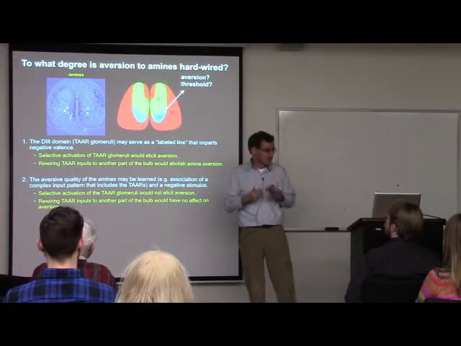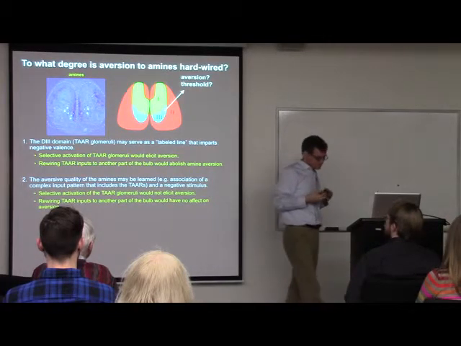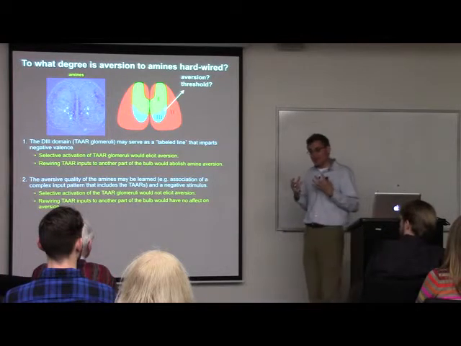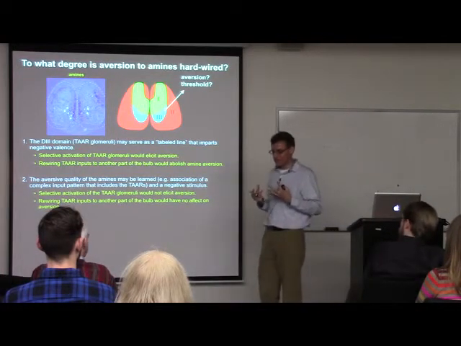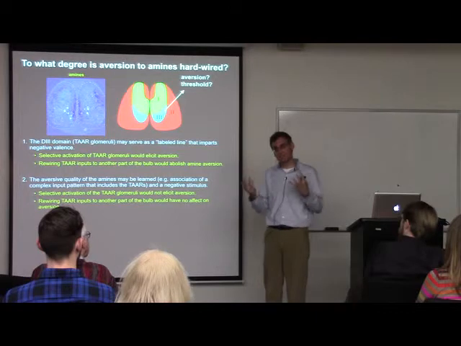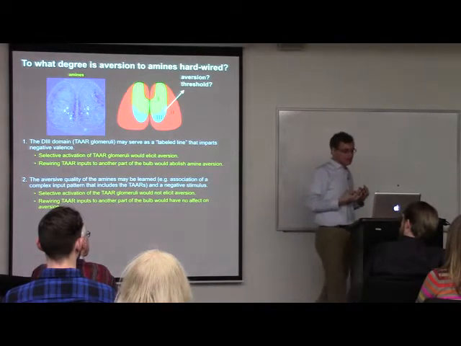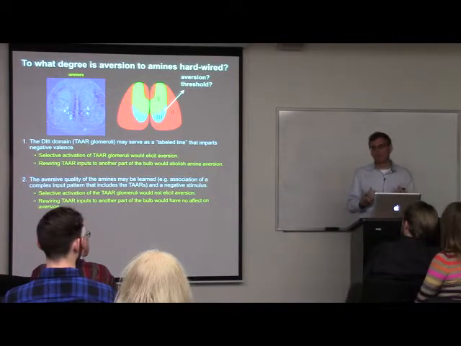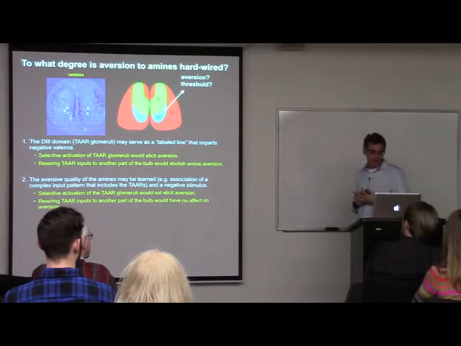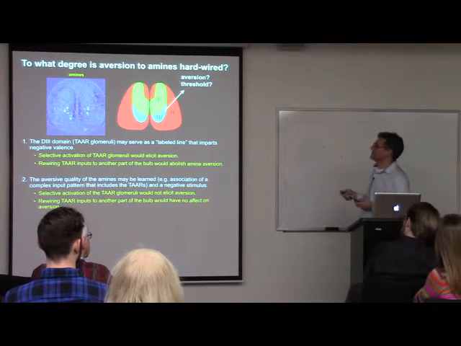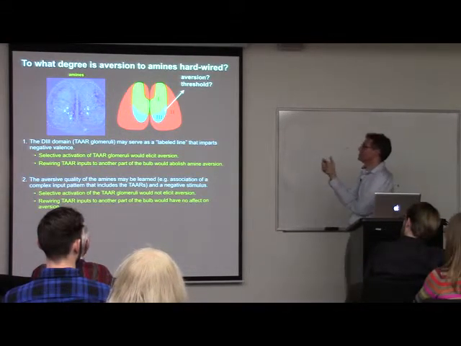The idea of whether there's innate valence in the olfactory system is a contentious issue in the field. In gustation, it's pretty commonly accepted that certain tastes are appetitive and other tastes are not, right? They're disgusting, they're aversive. In olfaction, that's kind of a contentious issue.